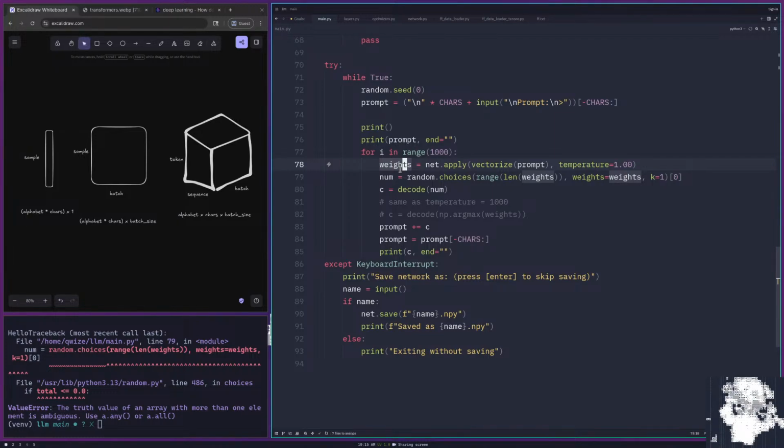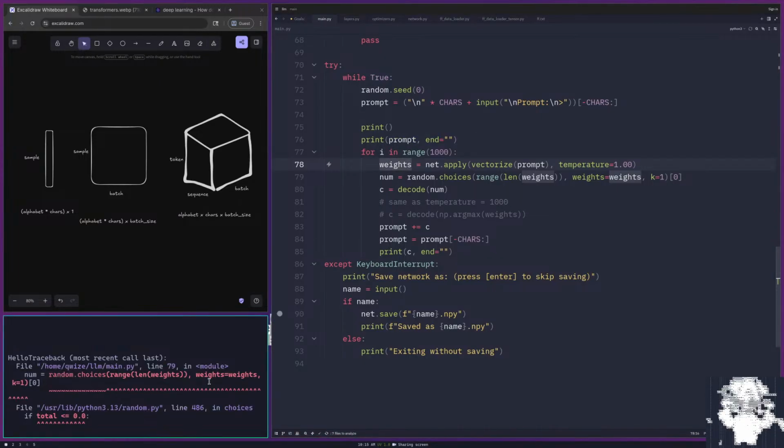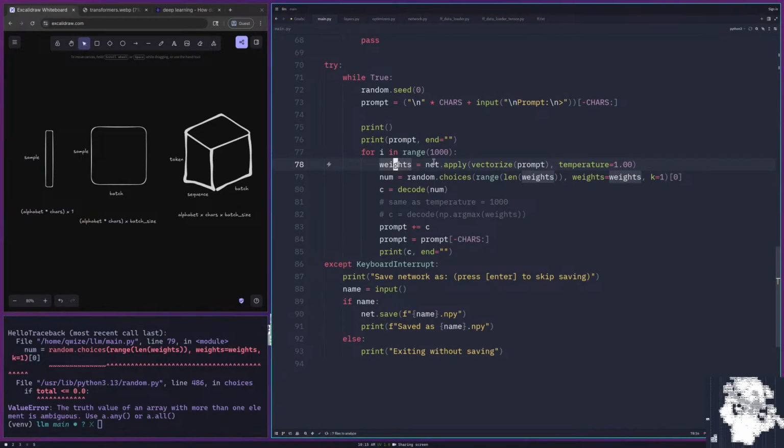So I think this is 2D, but we're expecting it to be 1D. But I only care about the last one.